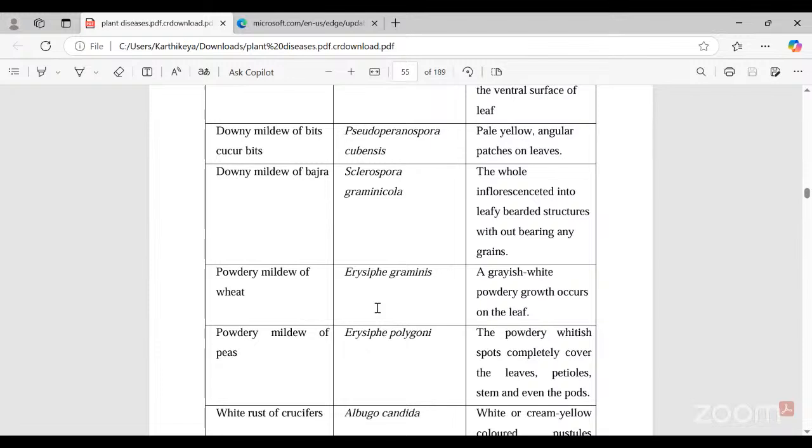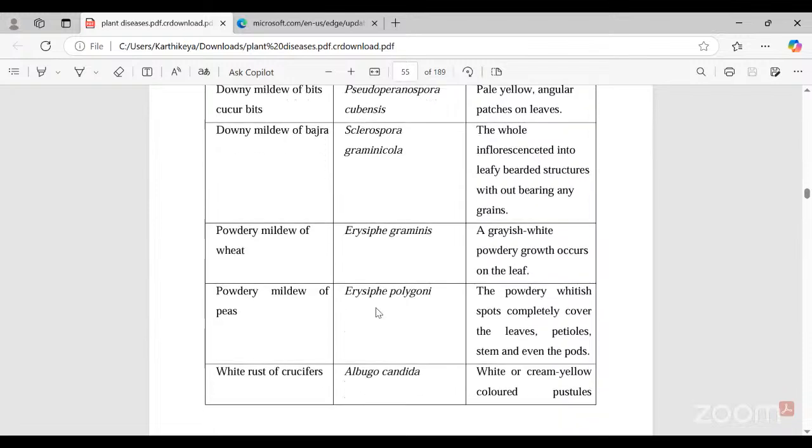Next one is the powdery mildew of wheat, Erysiphe graminis. This is a grayish white powdery growth that occurs on the leaf. Next, powdery mildew of peas, Erysiphe polygoni.